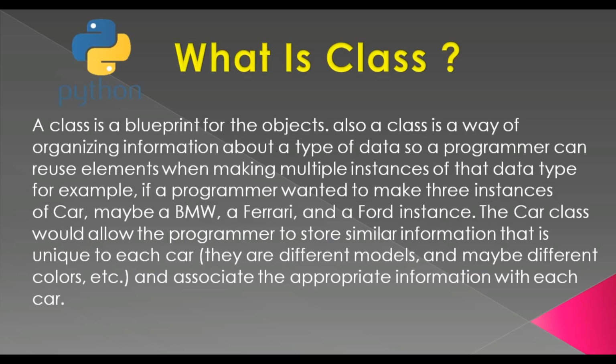For example, if you have a class car and you want to create 3 instances of the car, maybe a BMW, a Ferrari, and a Ford, then for every instance you will have different attributes. For example, maybe there are different models and different colors.